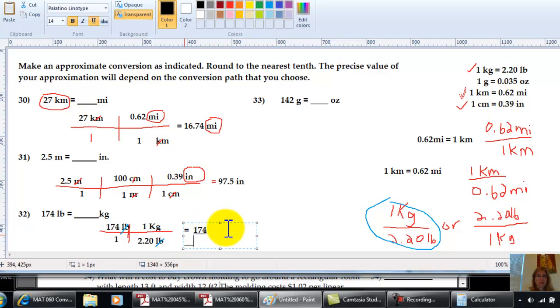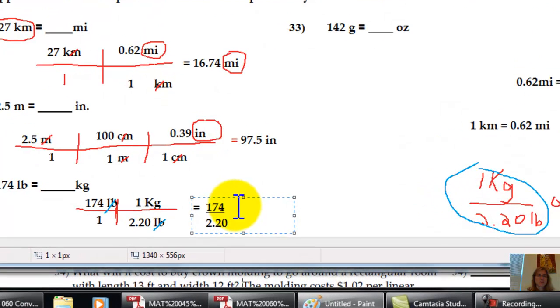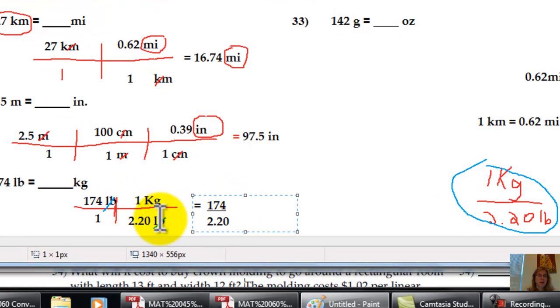And I'm going to show you that in 2 steps because I want to make sure it's clear that you see this as a division. So we're still in kilograms because we canceled our pounds. And why does that work? Because 174 times 1 is 174. 1 times 2.20 is 2.20.